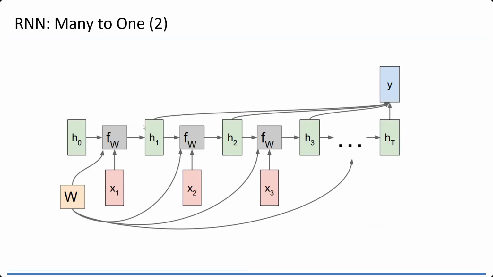In this structure, it is a little bit different. Even though it is many to one, after step one we want to do the prediction. So let's say I have the word "this." Can I predict whether it is positive or negative?